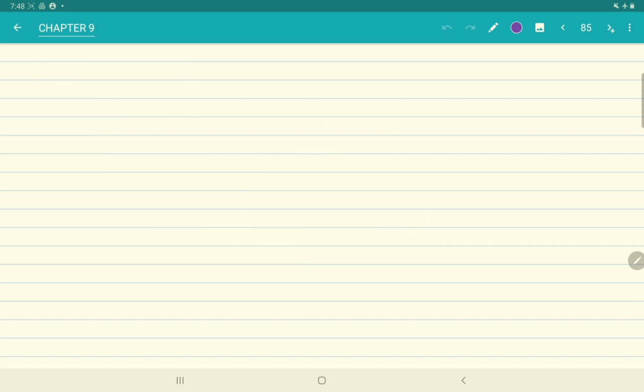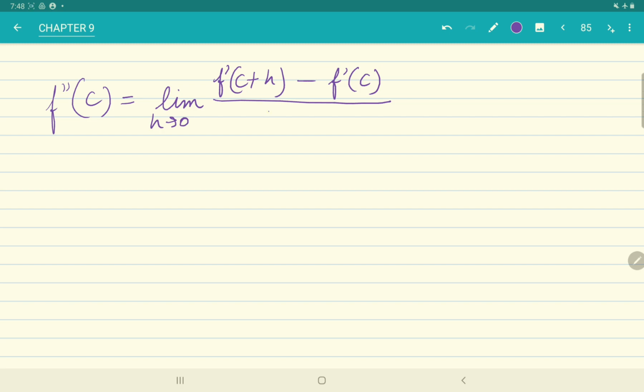Now that means I can write f double prime c is equal to limit h tending to 0 of f prime c plus h minus f prime c divided by h. Here I have used the definition of the derivative, and I know that f prime c is equal to 0, so this is nothing but limit h tending to 0 of f prime c plus h by h.